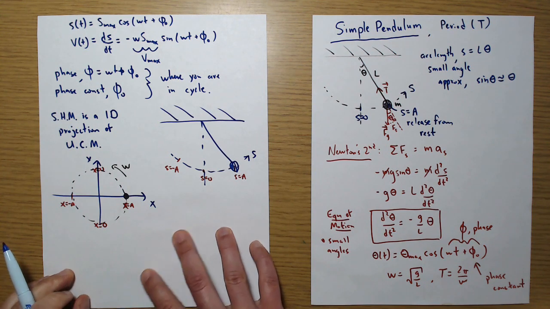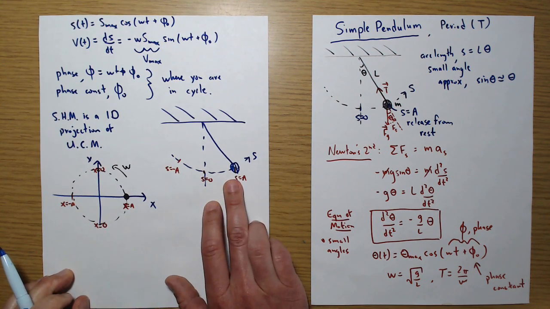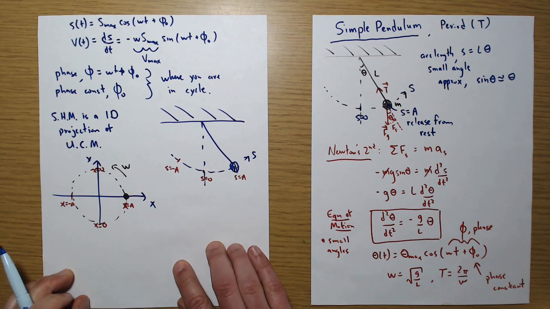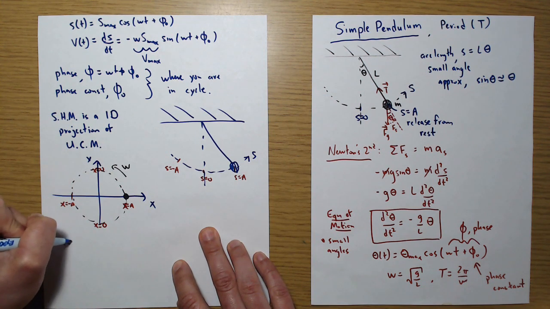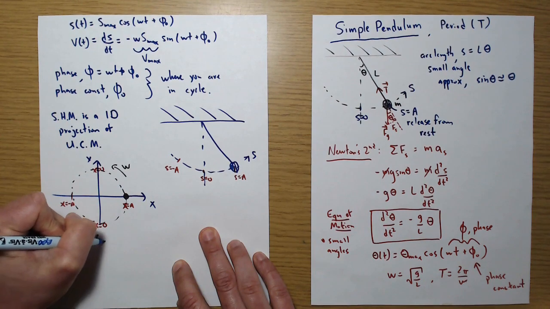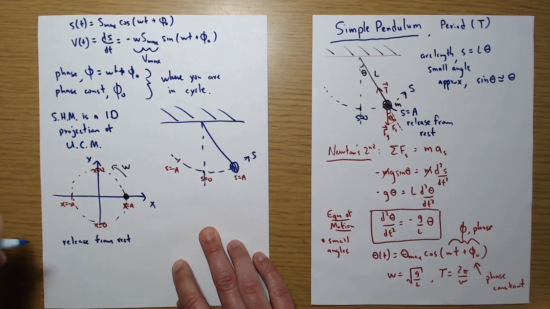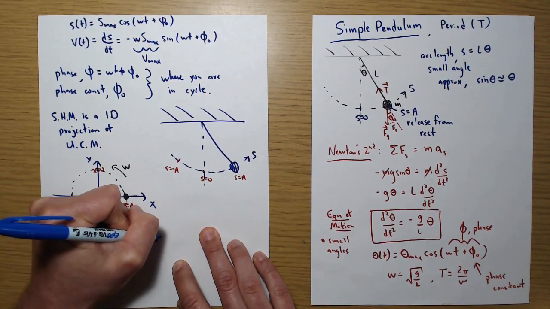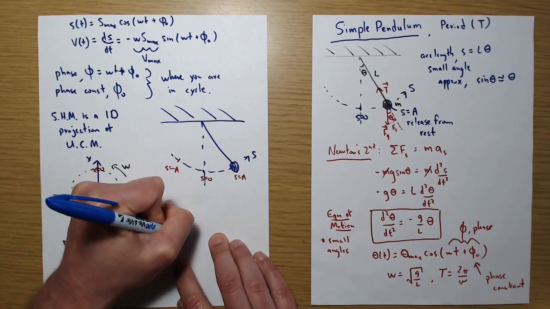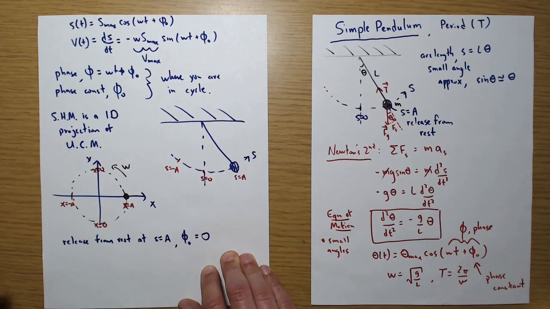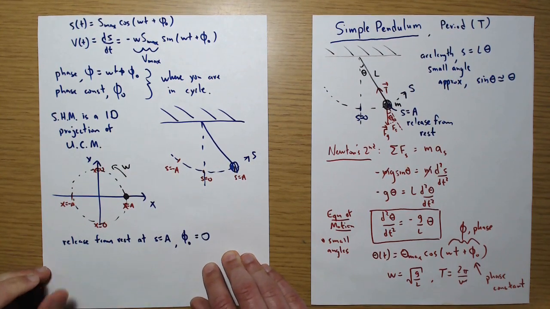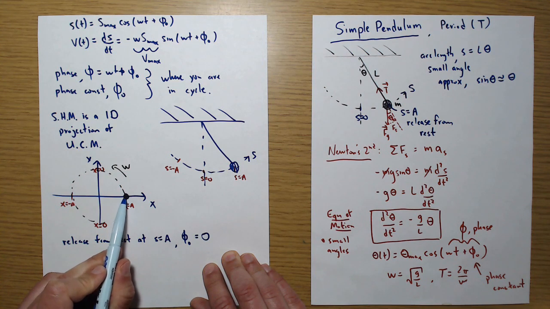So if I release the pendulum from a position of s equals a, I start out with a phase constant of 0. So if I release from rest at s equals a, this means that my phase constant, phi naught, equals 0, because I'm starting directly at this point right here.